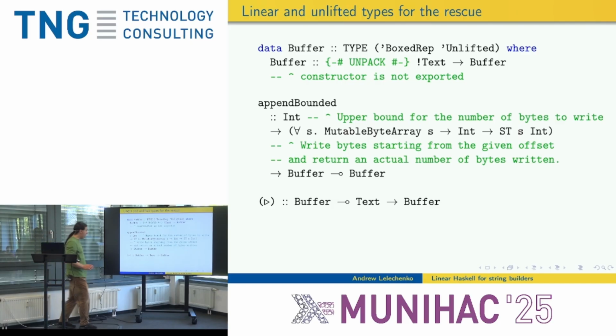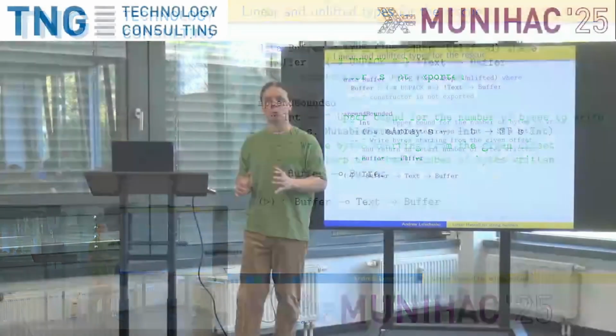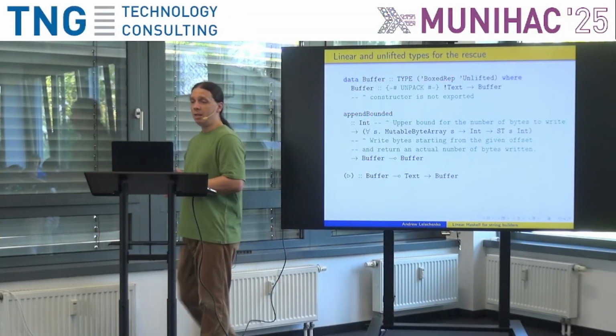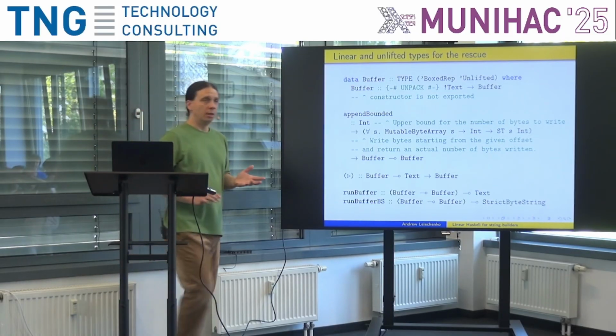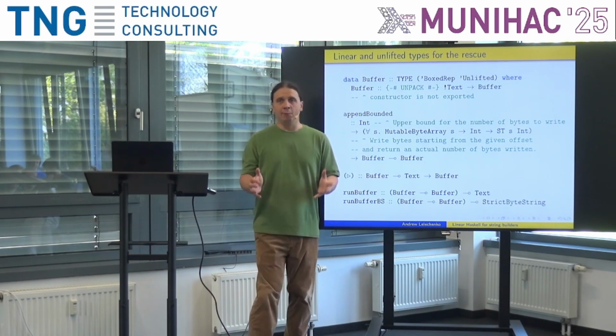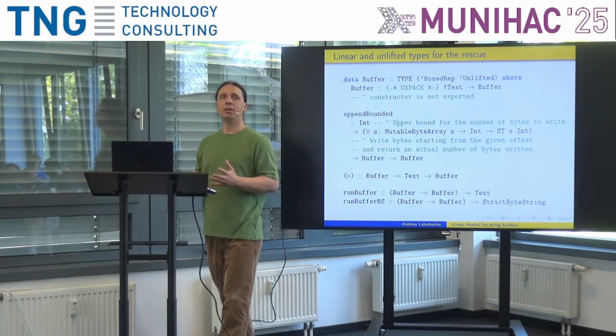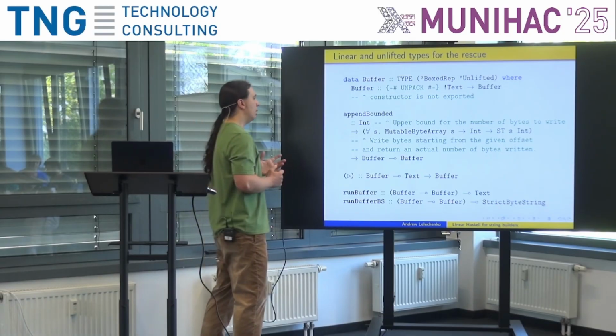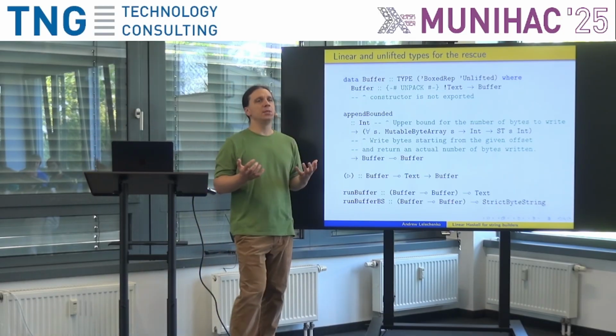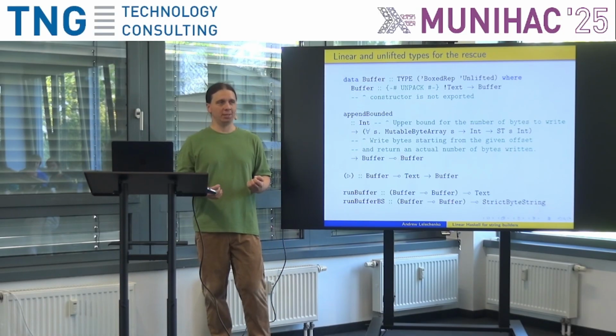So okay, how can I get my hands on this wonderful buffer, this magical thing which will solve all our problems? The best thing is, you don't. We will never give you this buffer, because linear types restrict functions.